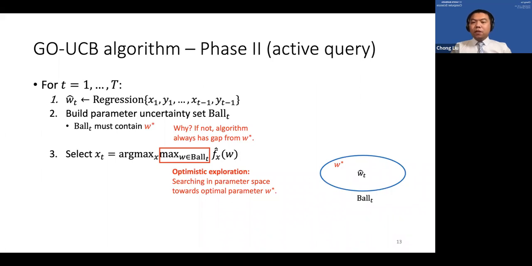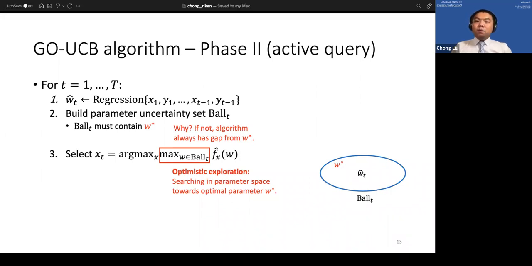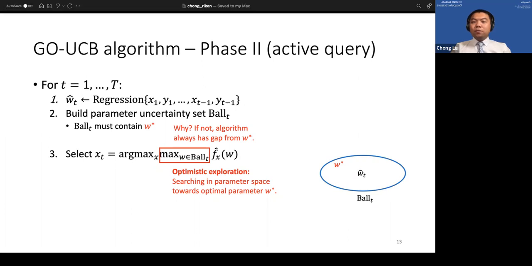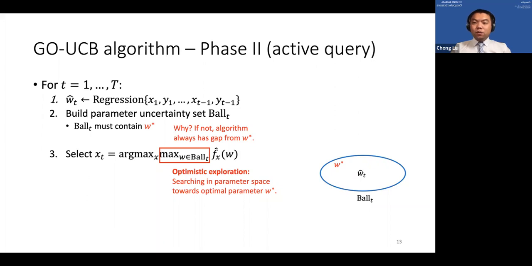What does it mean? It means that I am searching in the parameter space towards the optimal parameter W star. I know whatever I choose, the best parameter always performs the best because it is able to maximize the function.